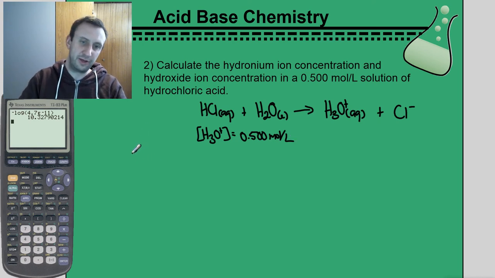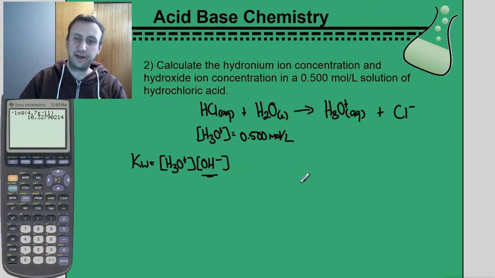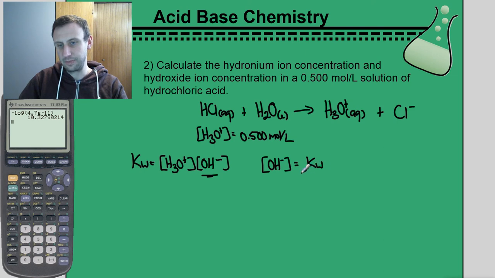And here's a solution. Kw is equal to hydronium multiplied by hydroxide, OH minus. So I'm solving for hydroxide. I have OH minus is equal to Kw divided by hydronium, H3O positive.